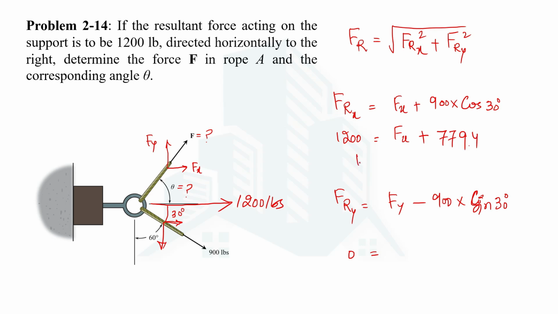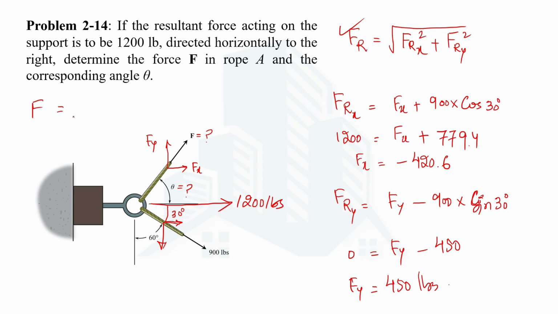779.4. So from here you will have Fx as minus 420.6, and from here you will have Fy, this will be 450. So then Fy would be equal to 450 pounds. Now you can use the formula, the composition of forces.